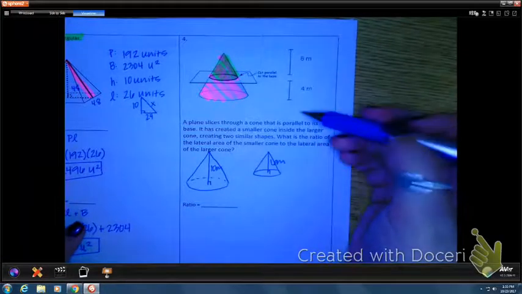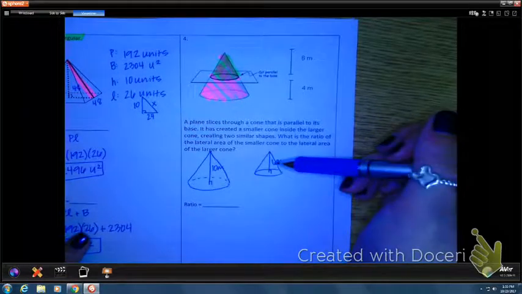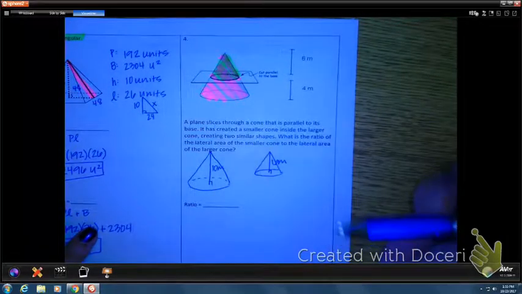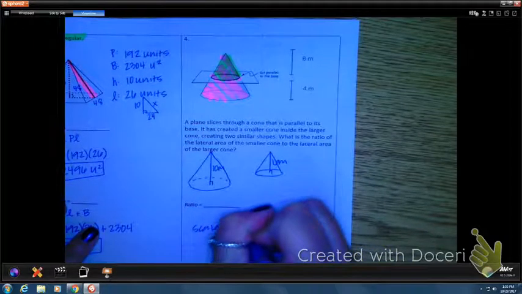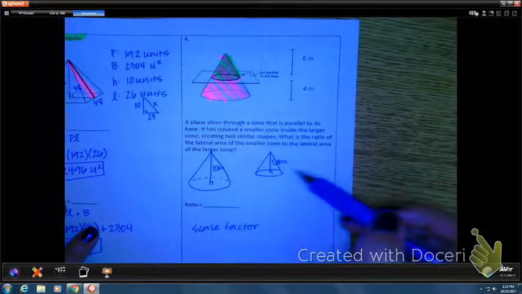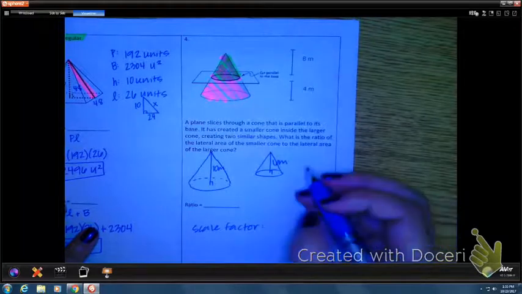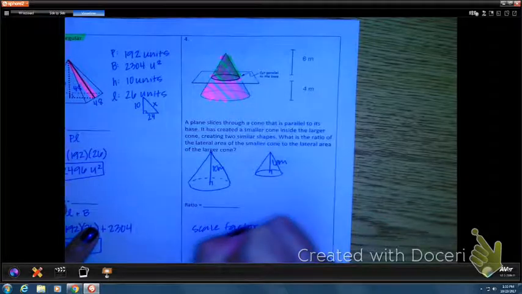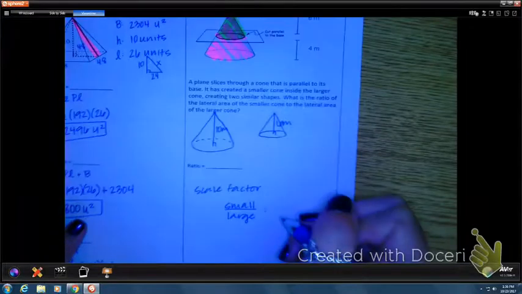Do you have scale factor, area ratio, or volume ratio, just comparing the two heights? Hopefully you just said scale factor, because remember that anytime we are in our units to the first power, it's always scale factor, whether it's height, radius, diameter, perimeter, etc. I'm going to do small to large. If you want to do large to small, that's fine, but make sure you're consistent.